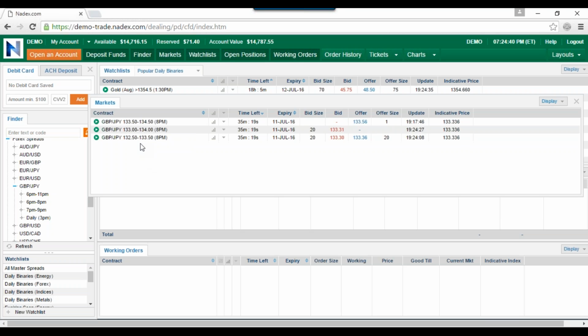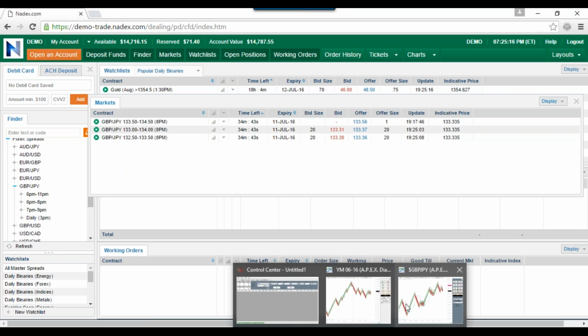So the market was at 133.50, right? So what did they do? They made a 100-point spread from 133.50 going down 100 pips. They made a spread from 133.50 going up 100 pips. And then what's right in the middle? 133.50 would be right in the middle of this spread here, 133 to 134. You see it?